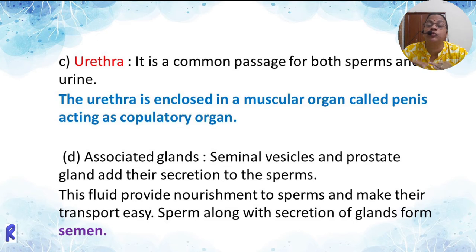Seminal vesicles give nutrients, calcium, fructose, etc. The prostate gland adds a milky secretion, which gives the milky color to the semen. Along with that, there is the fluid secretion of the Cowper's glands. All these secretions mix with the sperm, and then it is called semen. It provides nutrients and fluidity for the sperm.